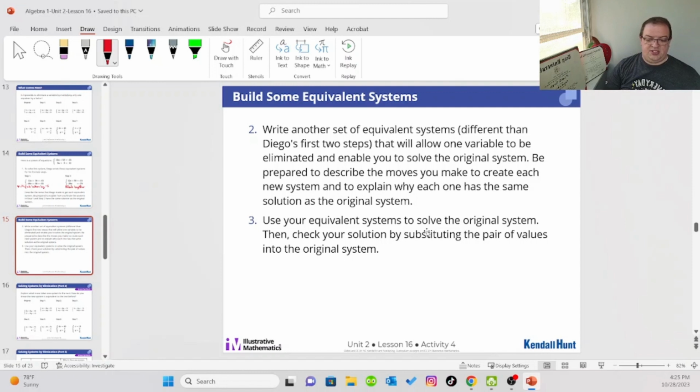Write another set of equivalent systems different than Diego's first two steps that will allow one variable to be eliminated and enable you to solve the original system. Be prepared to describe the moves you make to create each new system and to explain why each one has the same solution as the original system.